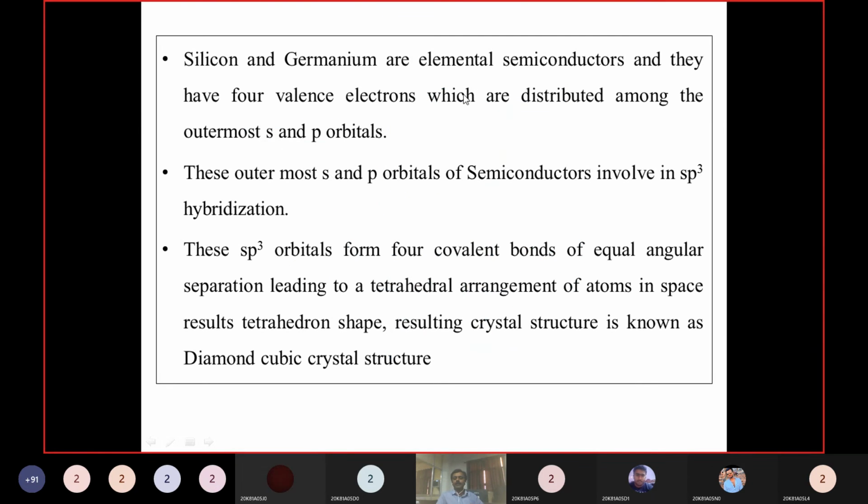Silicon and germanium are the elemental semiconductors, and they have 4 valence electrons distributed among the outermost s and p orbitals. These outermost s and p orbitals involve sp3 hybridization. These sp3 orbitals form 4 covalent bonds of equal angular separation, leading to a tetrahedral arrangement of atoms in space, which results in a tetrahedron shape.